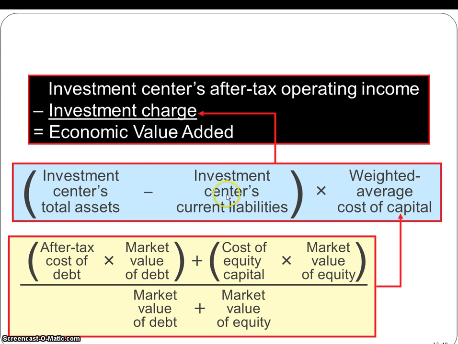So anyway, you take those net assets and you multiply them by a metric we call weighted average cost of capital. If you think back to 201, the resources of an entity, the assets of an entity, are financed by a combination of debt and equity. That always holds true.